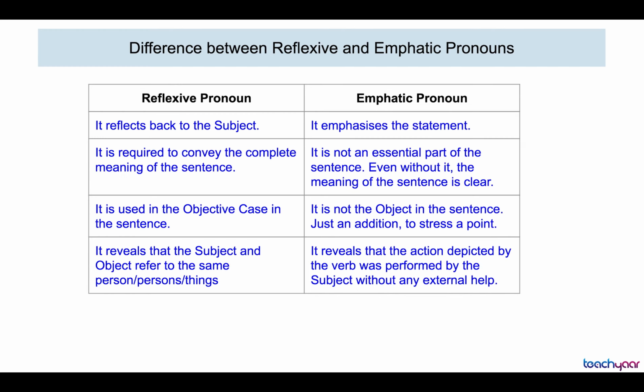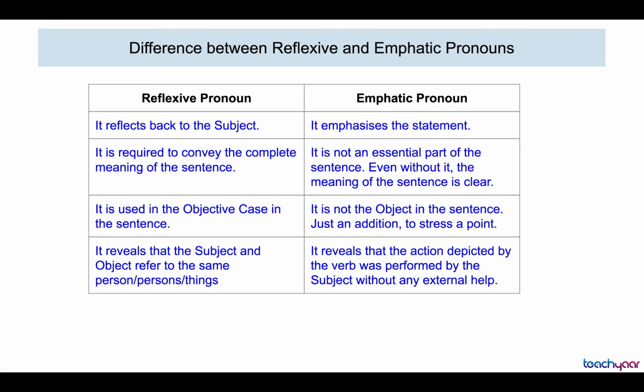The fourth difference: what does a reflexive pronoun reveal? That the subject and the object refer to the same person, persons, or things, singular or plural. Why is it so? Because it's a reflection. The object is a reflection of the subject.